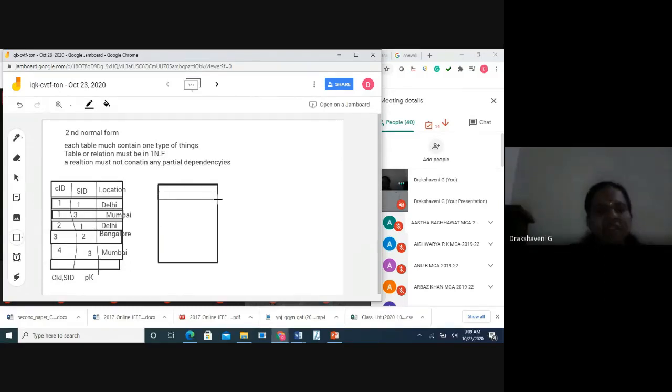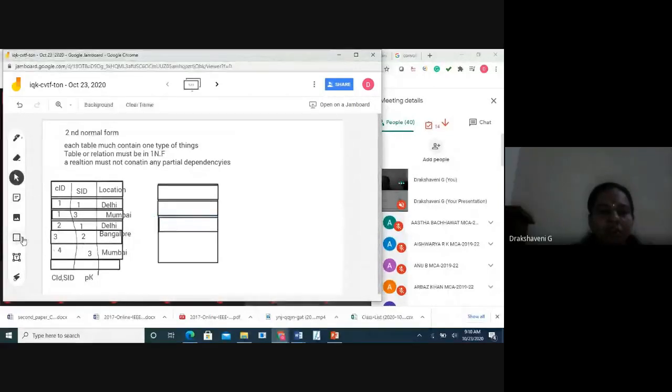That means we have to satisfy the second normal form. What does the second normal form say? It says first it should be in the first normal form, then the relation must not contain partial dependencies.